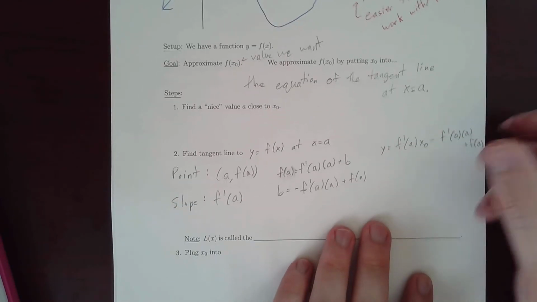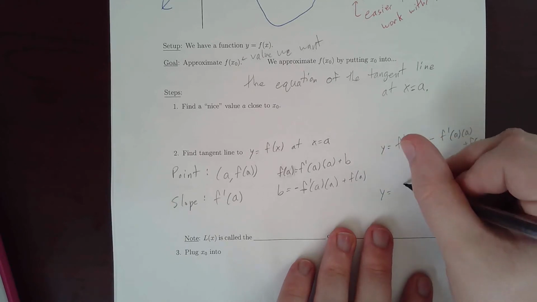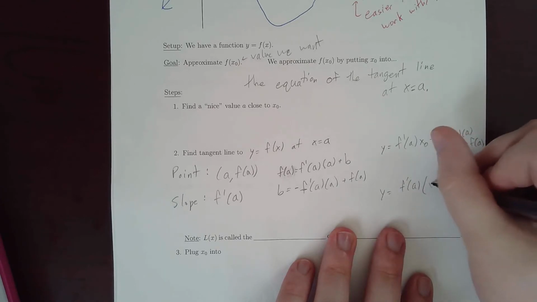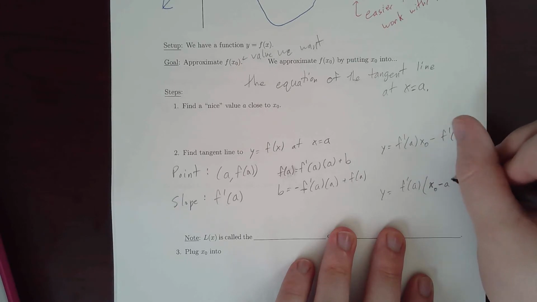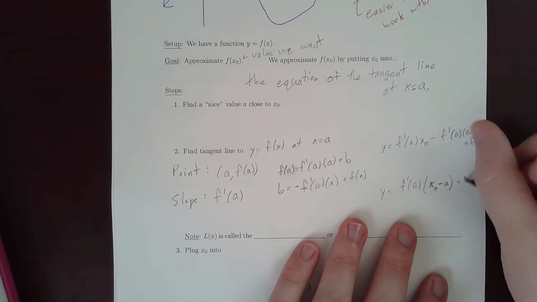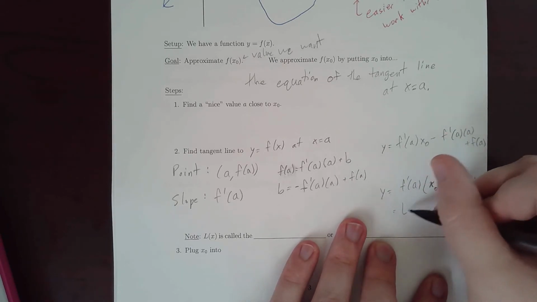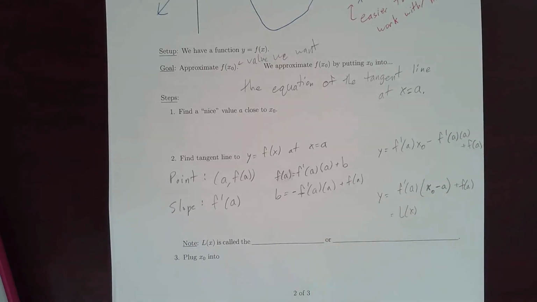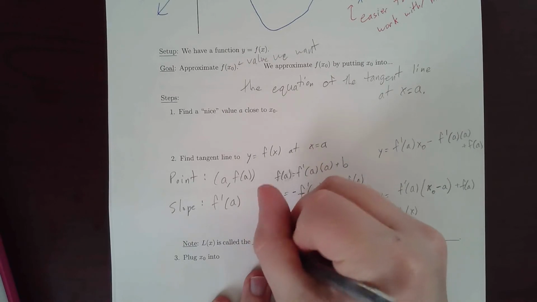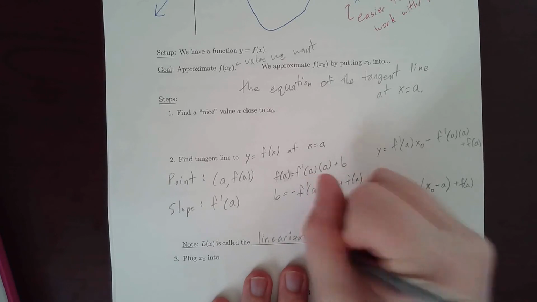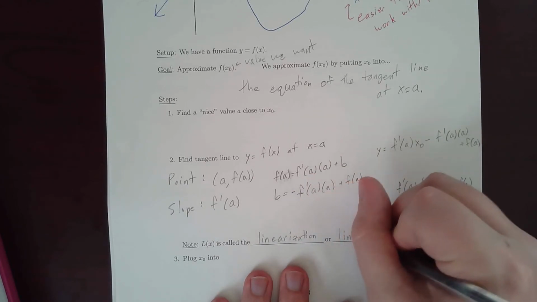Or if we simplify that, y would be equal to f prime of a, factoring out the x naught and the a, of x naught minus a plus f of a, which we will call L of x. We're going to call L of x the linearization, because we're using a line, or the linear approximation function.